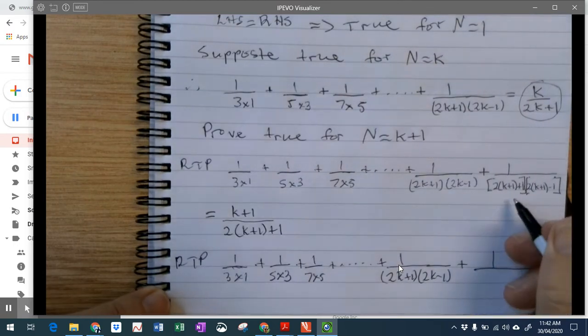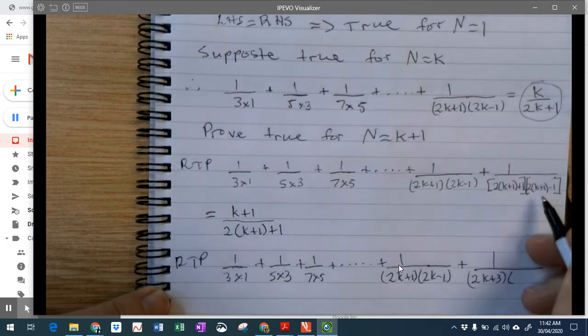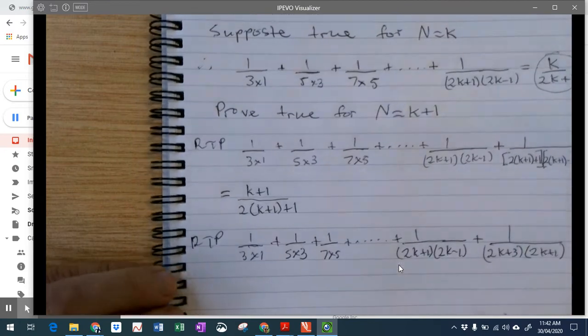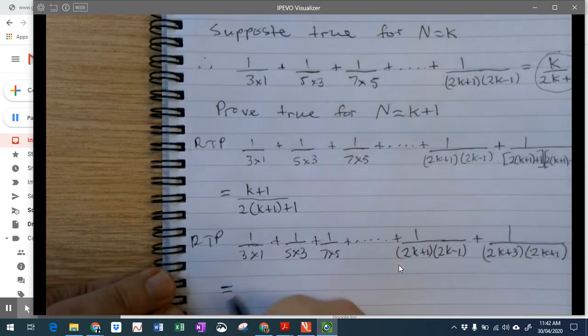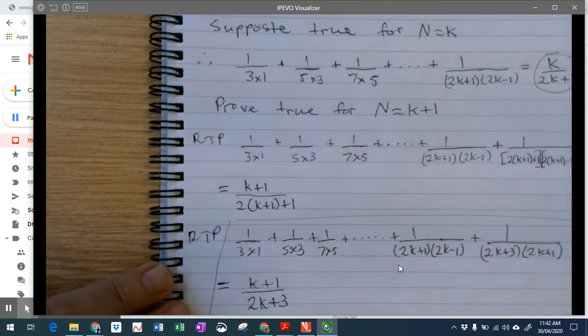So we're going to get 2k plus 2, 2k plus 3 there, and then 2k plus 1 here, equal to k plus 1 over 2k plus 3. Okay, so that's the required to prove part. And obviously we're going to start with the left-hand side.